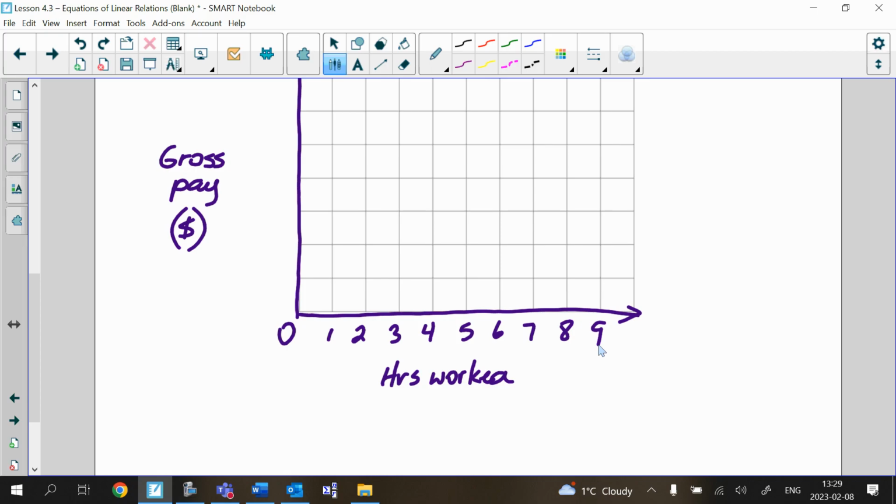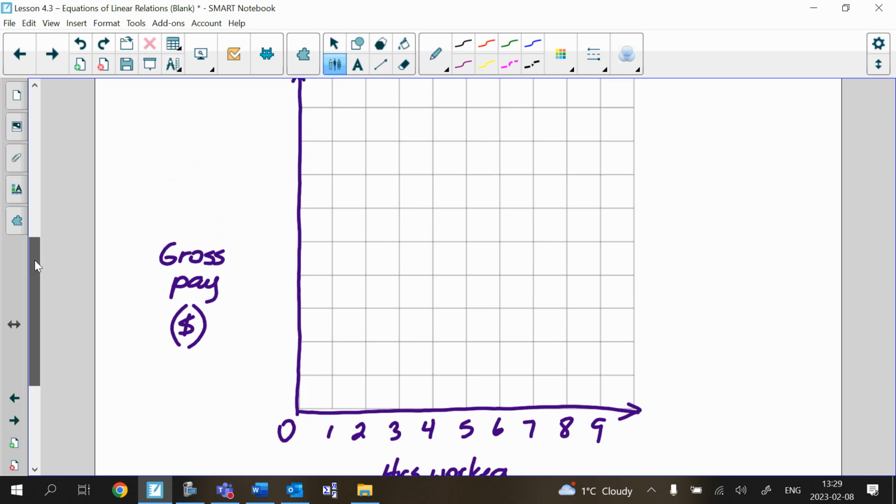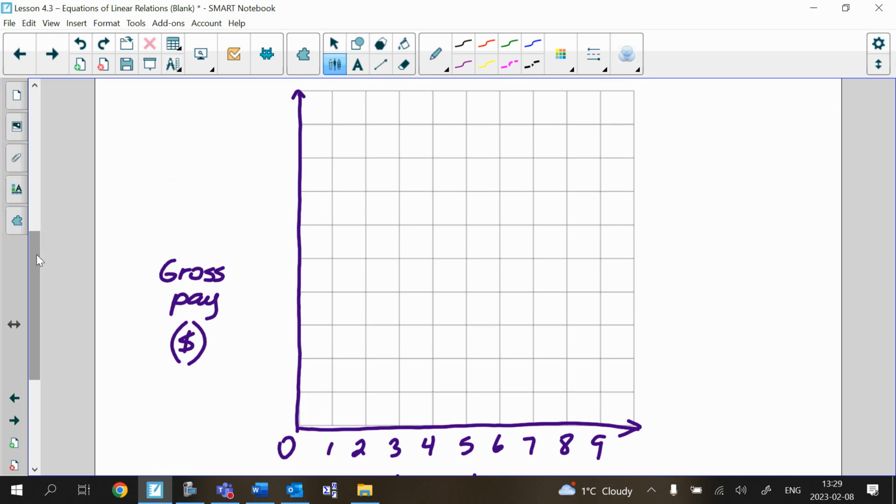Not enough. So going up by 10s is not enough, so we're going to have to go up by more. What's another easier number to go up by after 10s? 20s. 20, 40, 60, 80, 100, 120, 140. We can stop there.